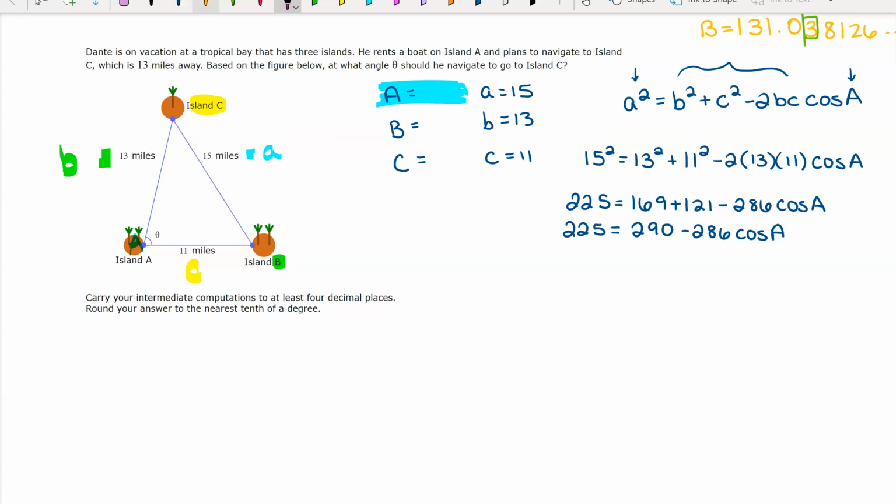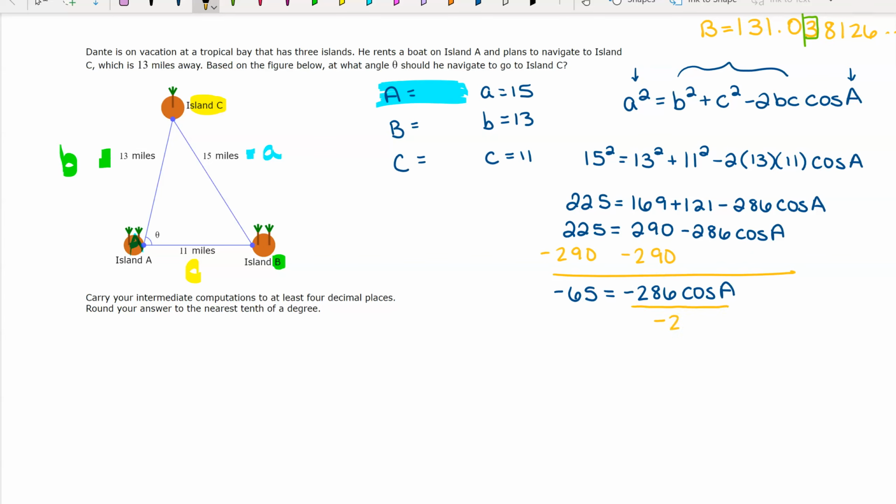So the first thing we're going to do is subtract 290 on both sides. So I get negative 65 equals negative 286 cosine A. And then we're going to break off negative 286. So it's attached to cosine A. We're going to break it off with division.